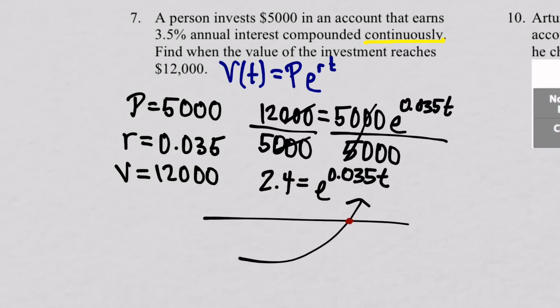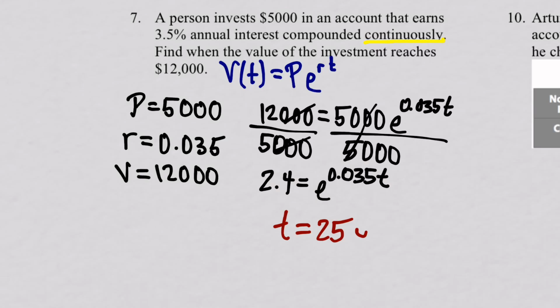If you can't see it, then you need to adjust your window so that you can see it. Okay, move the window to the right, to the left, up, down, whatever you need in order to be able to see the point of intersection, and then you'll be able to find it, or else your calculator cannot find it. Okay, so once you do everything here correctly, according to my calculator, it says 25.013, so approximately, let's just leave it at 25 years.